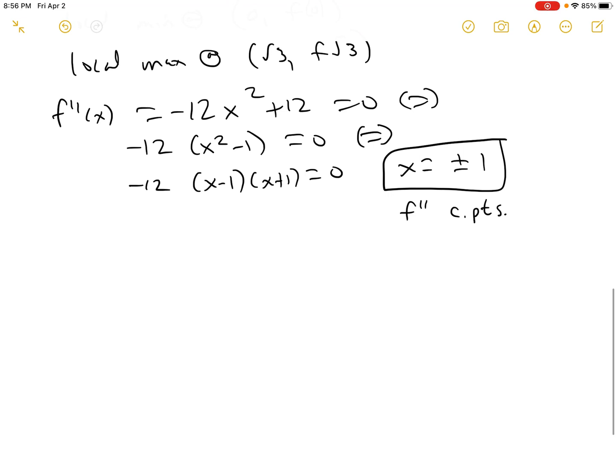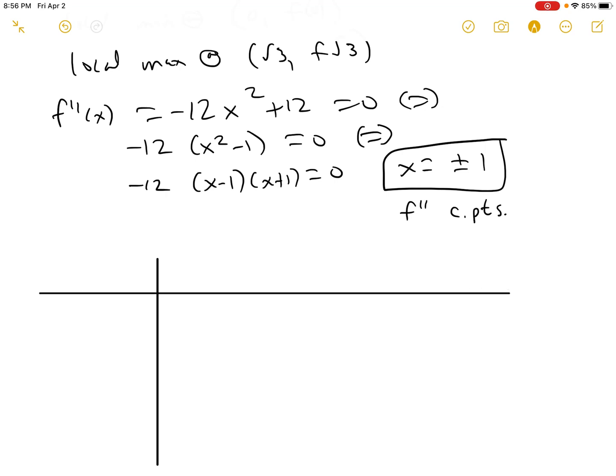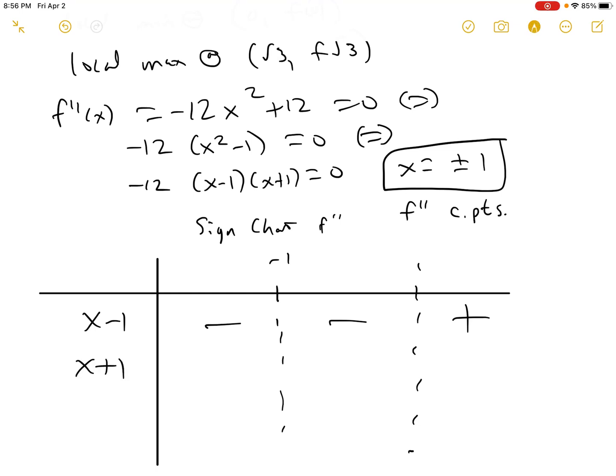Okay. So let's be careful here. So I put in minus 1 and 1. This is the sign chart for f double prime. So I have x minus 1, which is positive here, negative here, and here. X plus 1, which is positive here and here, negative.